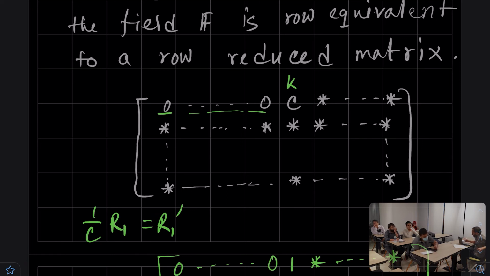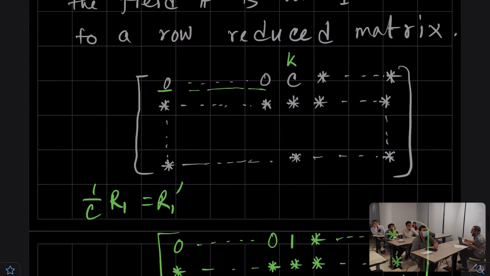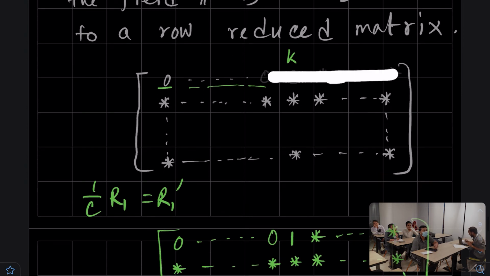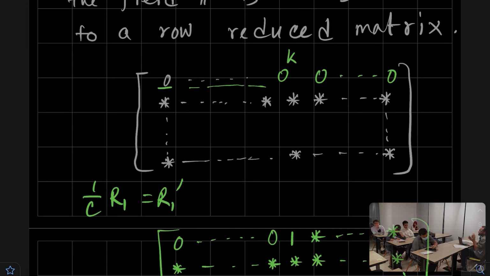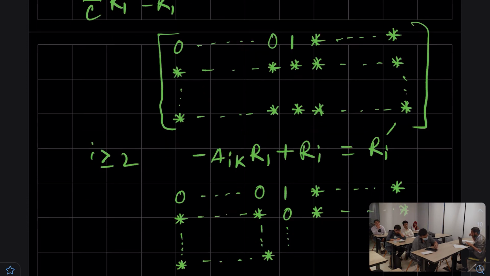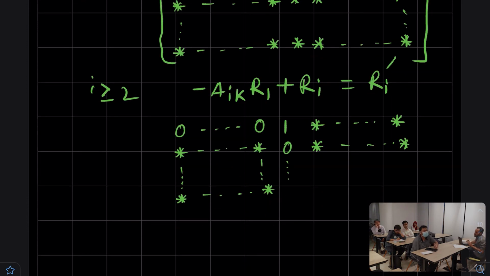I'm saying about the star just below the 1 in the second case. If that is already 0, we don't need to do anything. But if that is not 0, then we do that operation.